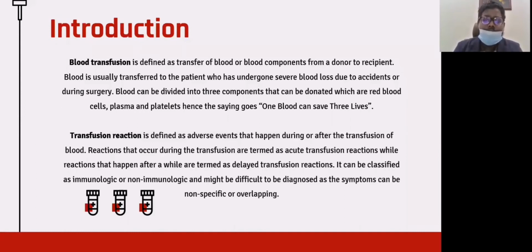Transfusion reactions can be defined as an adverse event that happens during or after transfusion of blood. Reactions that occur during the transfusion are termed acute transfusion reactions, while reactions that happen after a while are termed delayed transfusion reactions. They can be classified as immunologic or non-immunologic and might be difficult to diagnose because the symptoms are very non-specific and overlapping.